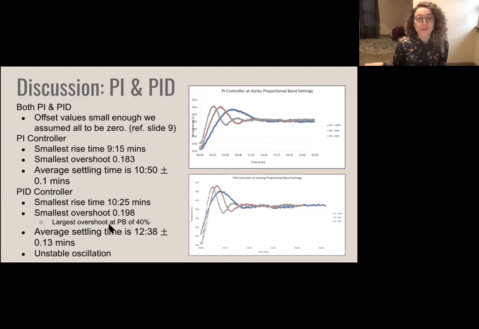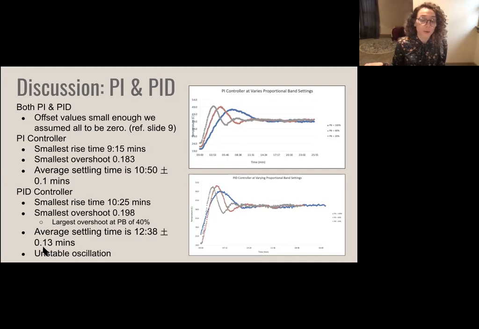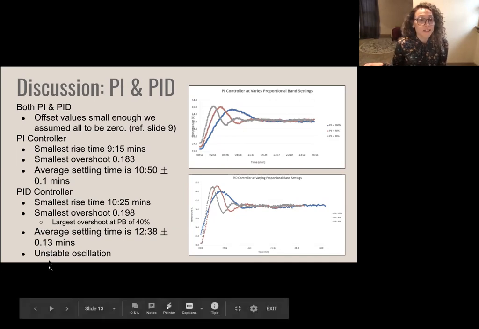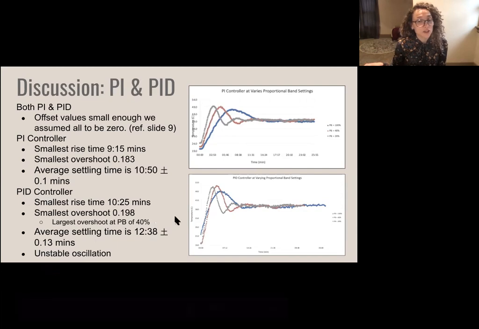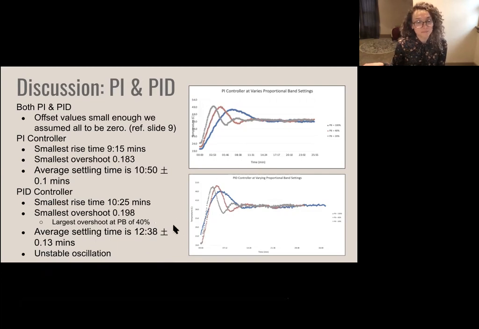The largest overshoot was at 40%, which is kind of not usual. We'll get to that also in a second. And then average settling time was 12 minutes, 38 seconds, plus or minus 0.13 minutes. And another thing to note about the PID controller is that it was very unstable, more so than the PI.